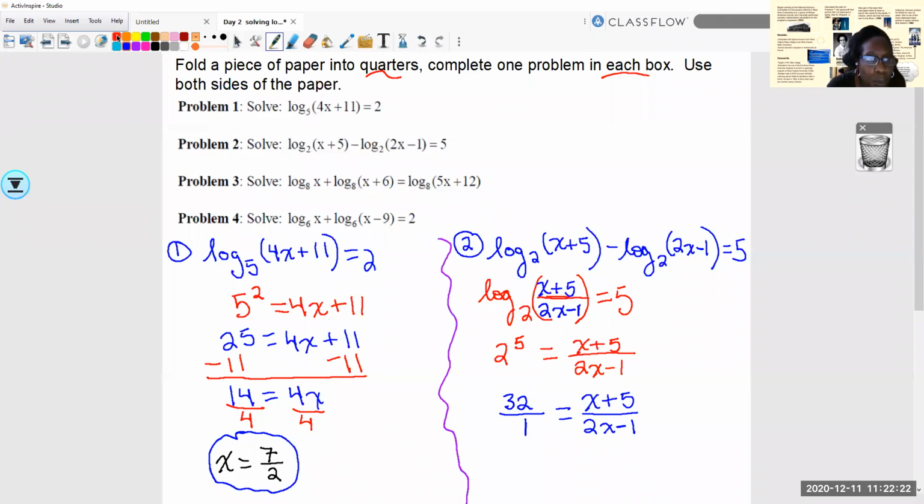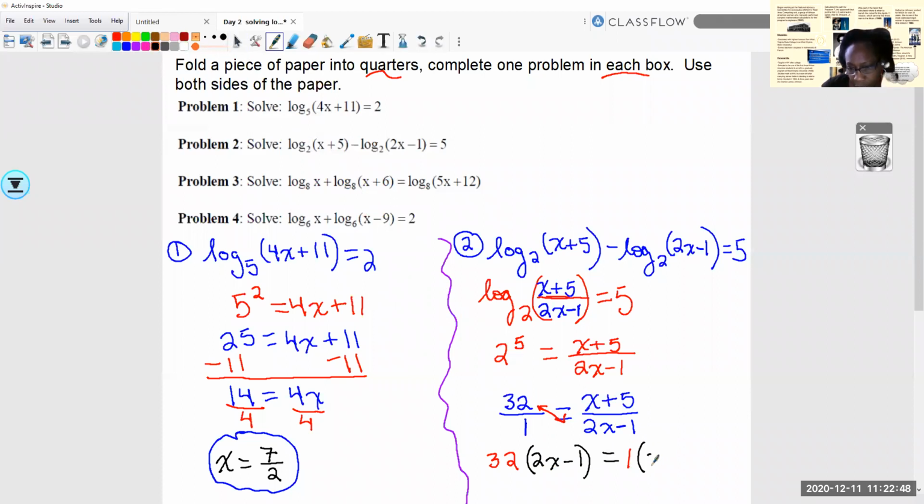Cross multiply. Okay. So it's going to be 32. And it's a big number, so I'm just going to write it now. Times 2x minus 1 equal between them. And then this is 1, just so you know we're doing the same thing. We could have just put x plus 5.